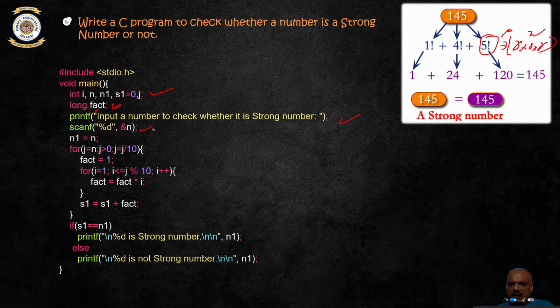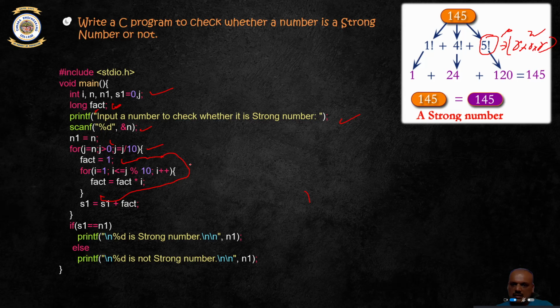Then I read the number in the value n, then I assign it to a new number n1, and then I do the same thing. But out here, instead of having r cube, I first need to calculate the factorial. I say fact is equal to 1, for i is equal to 1 to j modulus 10, i plus plus, then I say fact is equal to fact into i.